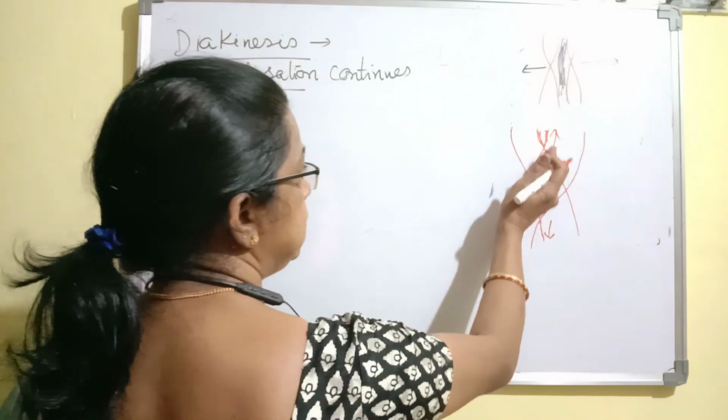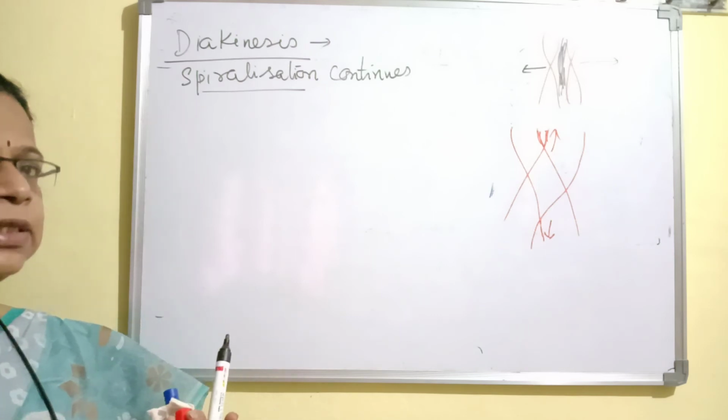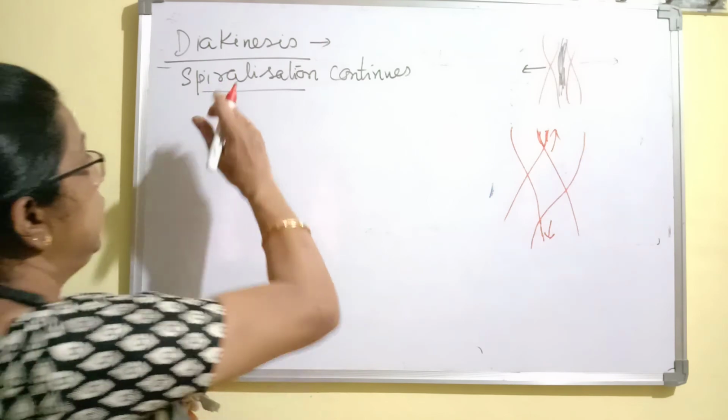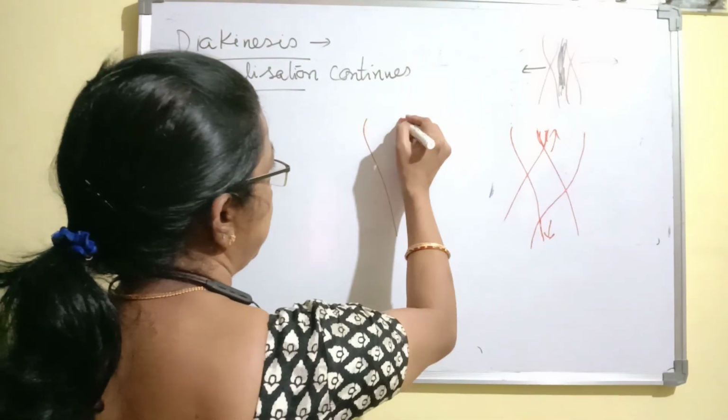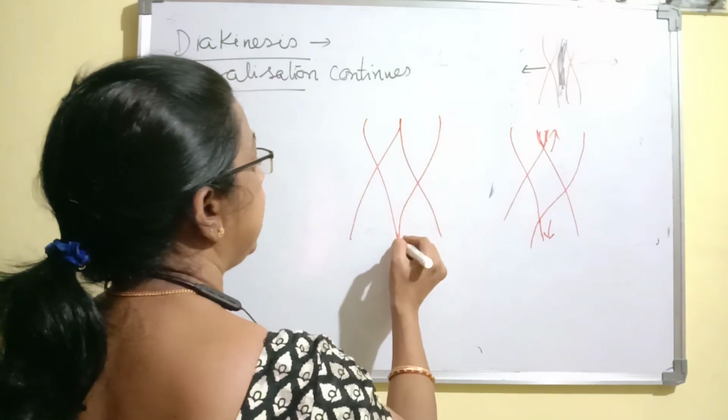In the diplotene stage, the repulsion takes place and the chiasmata start moving towards the end. But in diakinesis, the chiasmata will completely move towards the end.